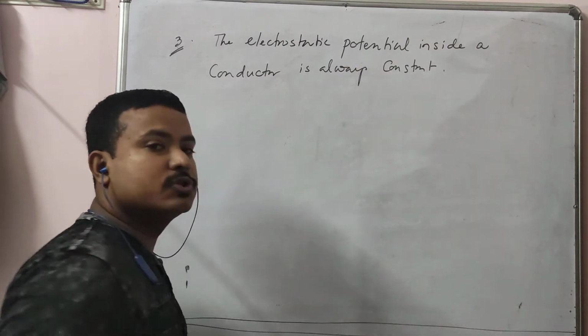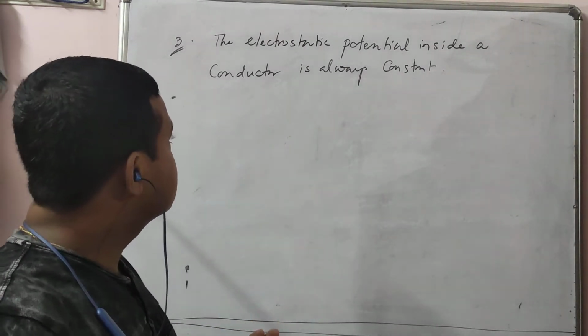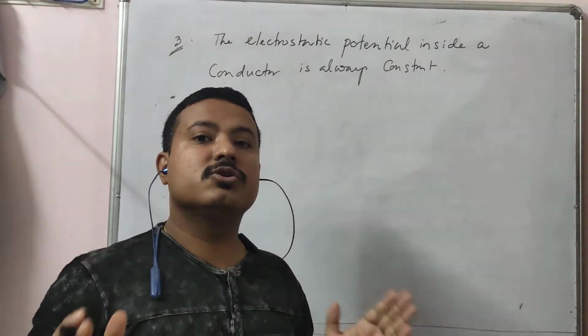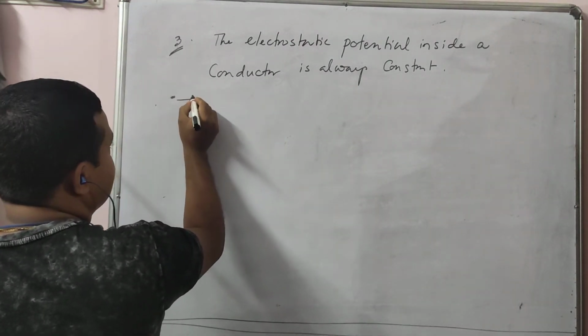So this is one of the most important properties. That is, the electrostatic potential inside a conductor is always constant. So that means what? Let me explain why.